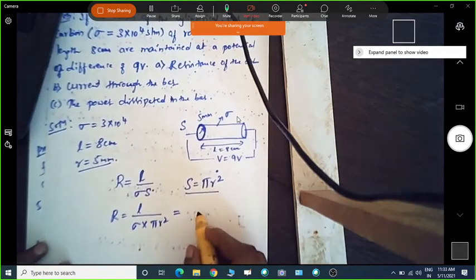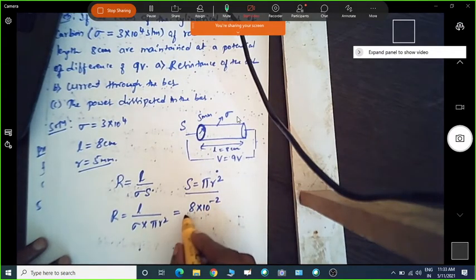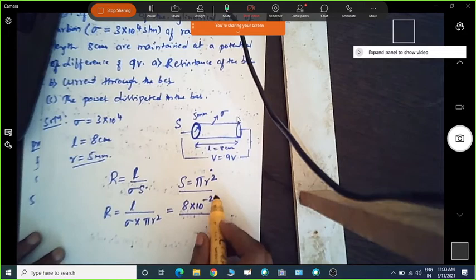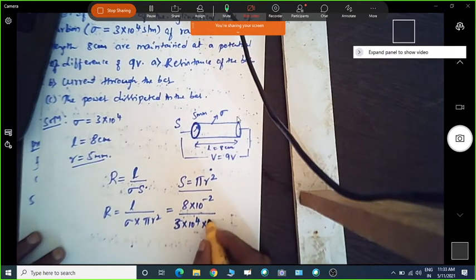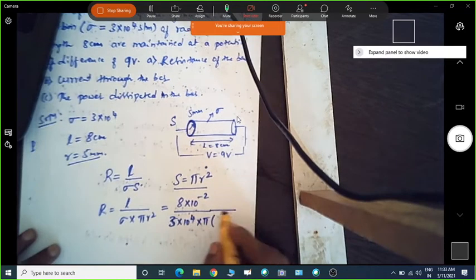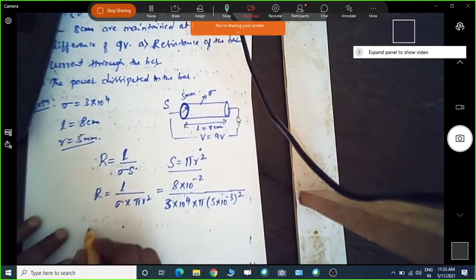So substitute the value of length, 8 centimeter, which is nothing but 8 into 10 power minus 2 meter. Sigma is given as 3 into 10 power 4, and pi into r, where r is 5 millimeter. So this is the equation.